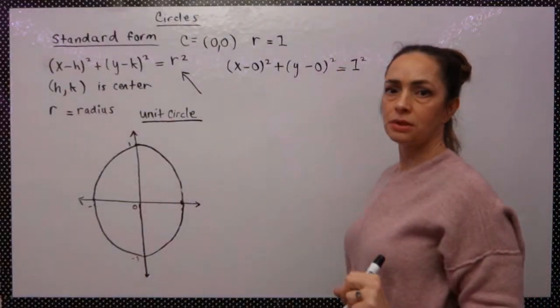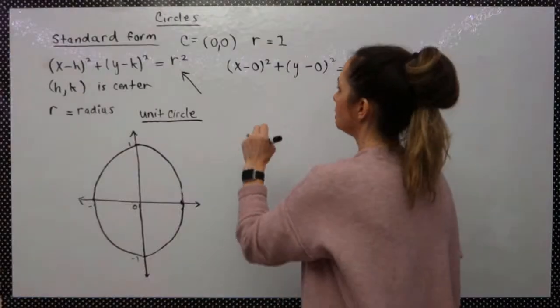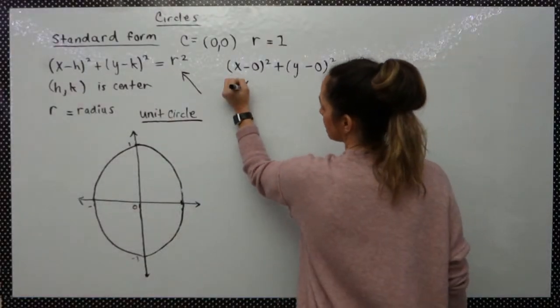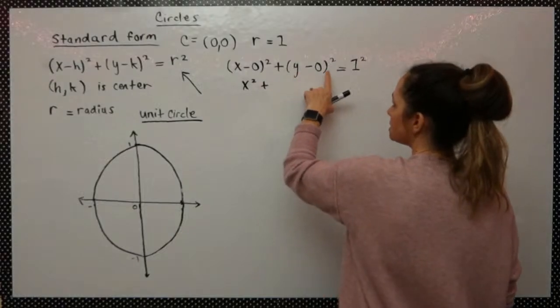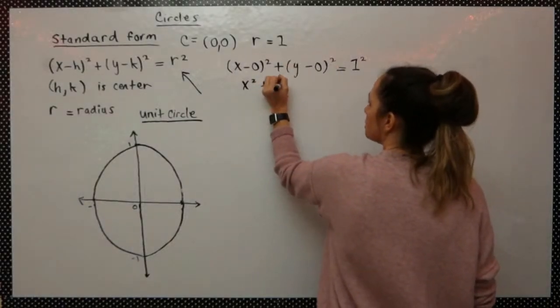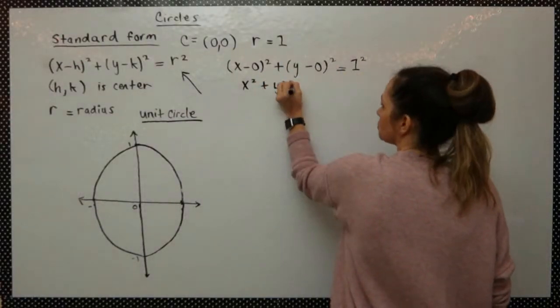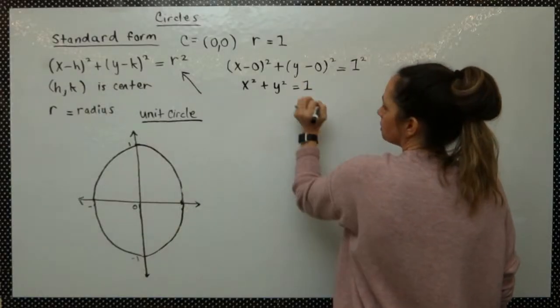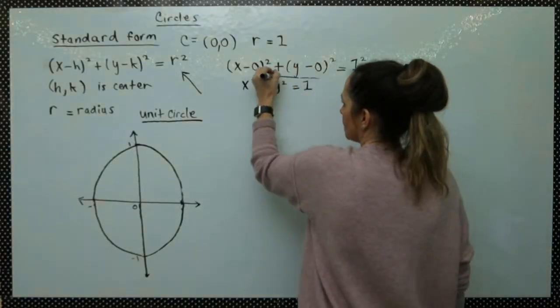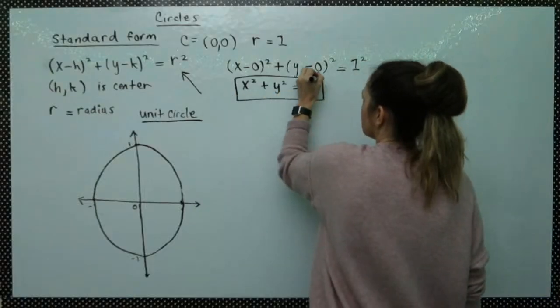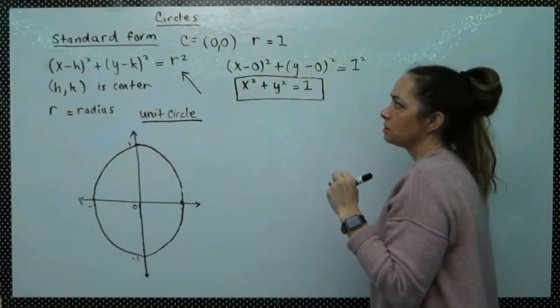When you simplify it, x minus 0 is just x squared, plus y minus 0 is just y squared, and 1 squared is just 1. So you have this equation. This is the equation for the unit circle.